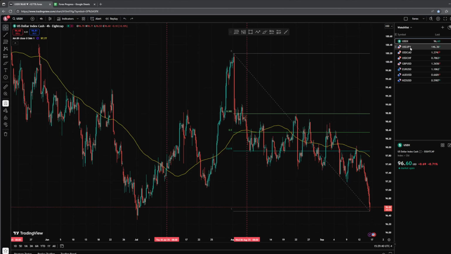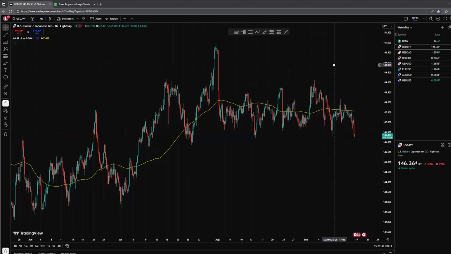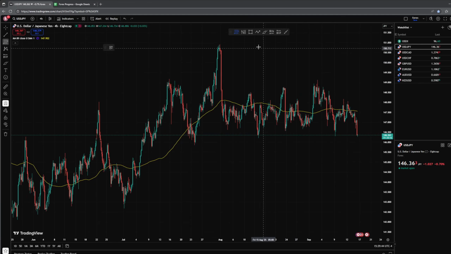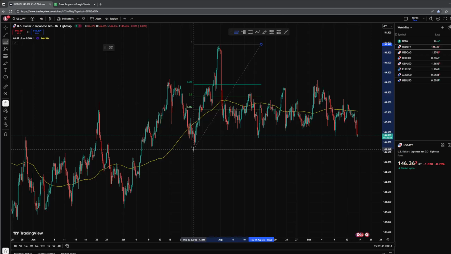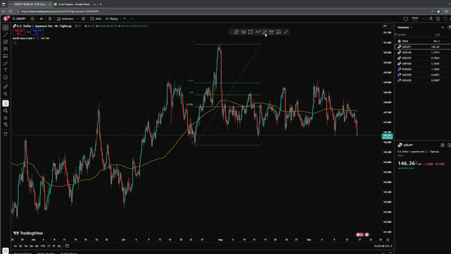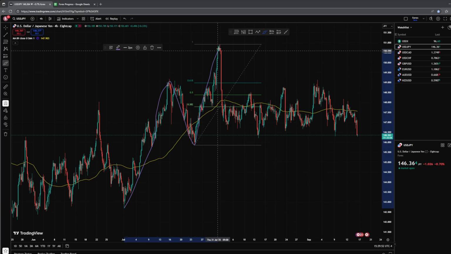Okay, now let's analyze the forex pairs. And first, USD Japan yen. So here we have the original trend considered to be up leg, retracement, up leg. The market is considered to be retracing in USD Japan yen.